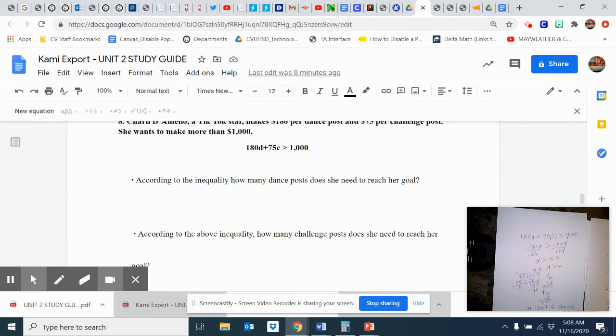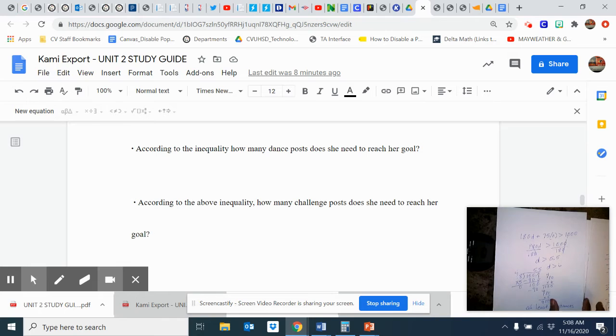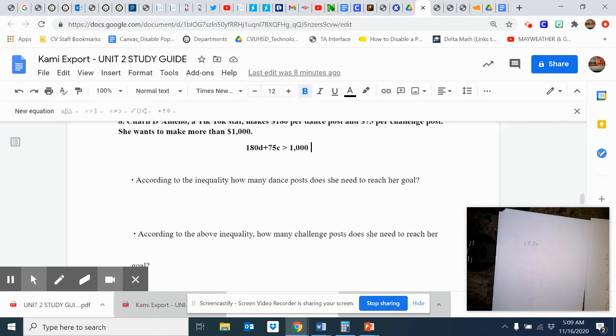Okay, according to the above inequality, how many challenge belts does she need to reach her goal? Now the same thing. I would do 180D plus 75C.